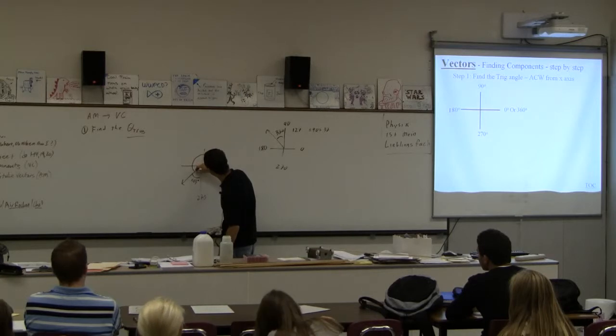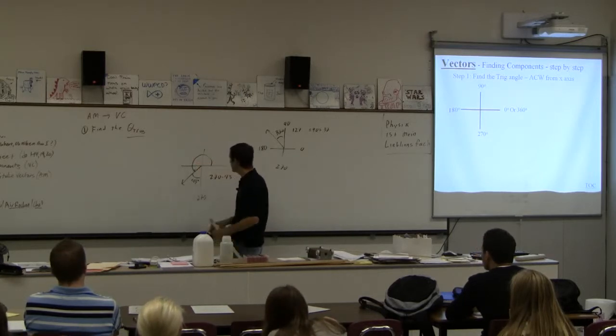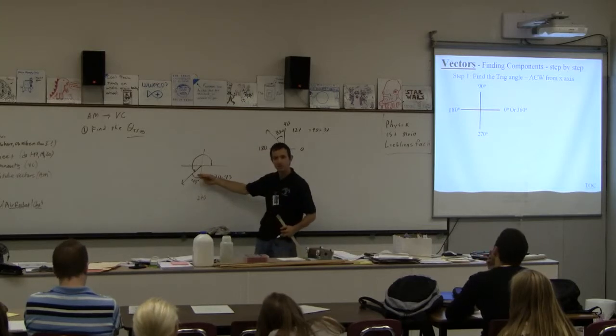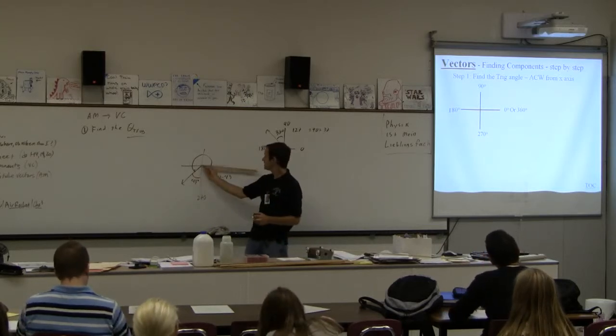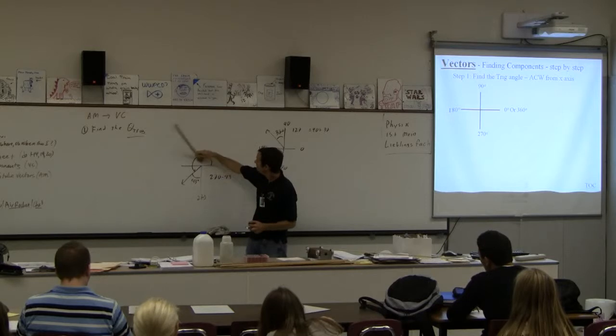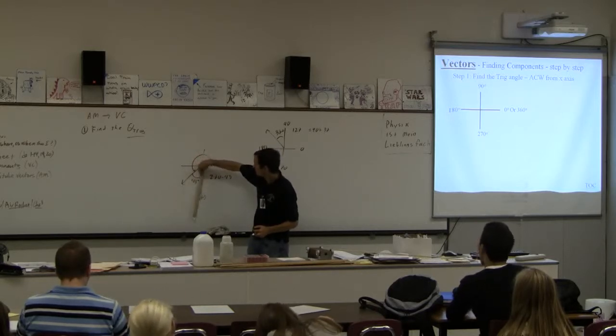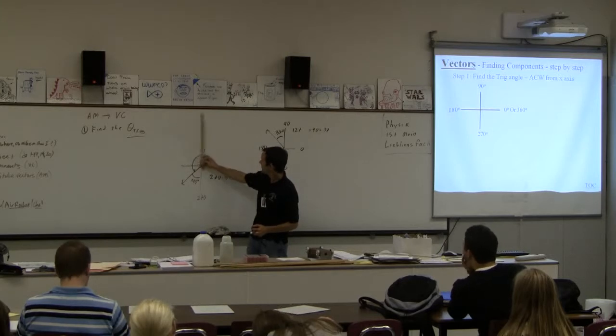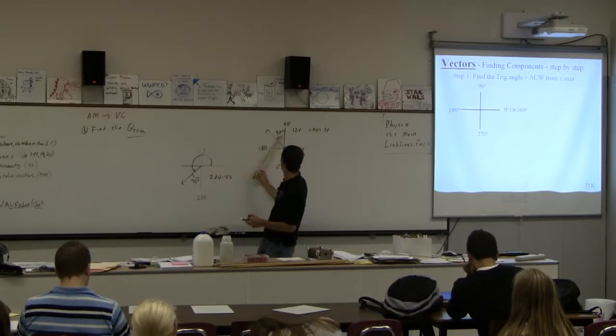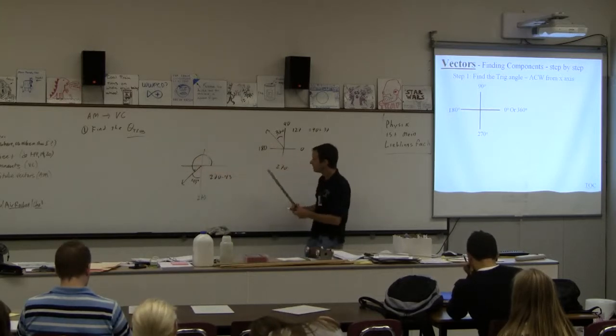So this angle is actually 270 minus 43. So you've got to figure out what axis it's pinned to. If it is before it, then you subtract from that, because it didn't all make it to 270.